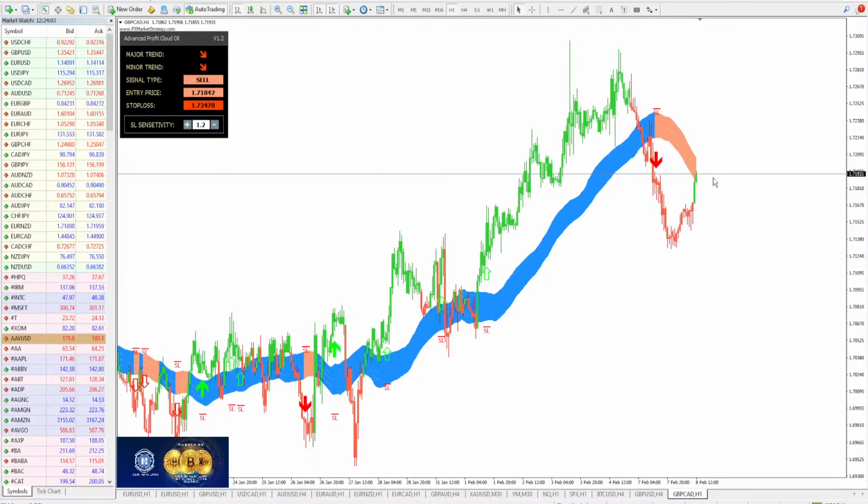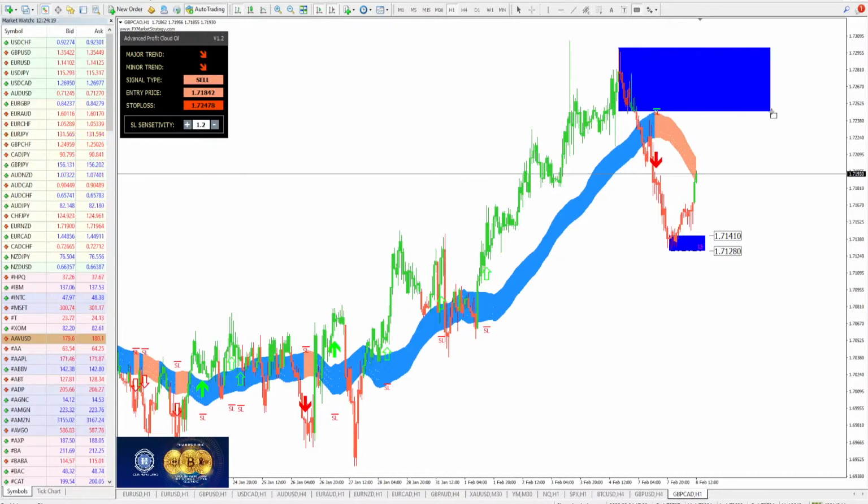Oh, see, pound Canadian is really good now. It's good buy right now to take this to the upside. See, started 2 candles and stuff. Okay, guys, so you go here and that's your support resistance level, and that's kind of your target area right here. Okay, you get the point? That's how it works.